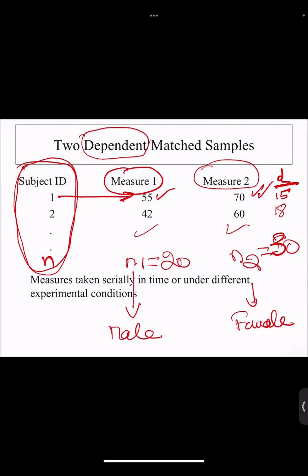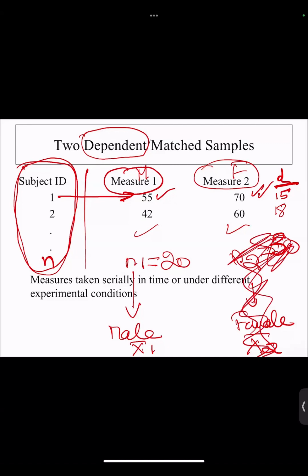I took measure 1 for male and measure 2 for female. I don't calculate a difference. I calculate mean 1 and mean 2. So that's independent sample.